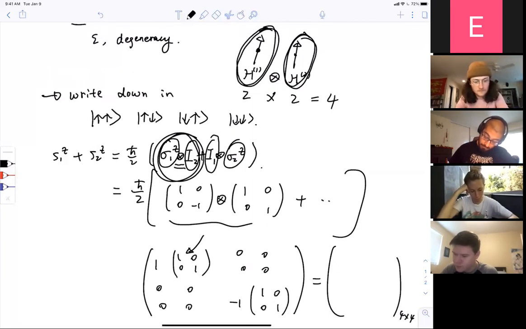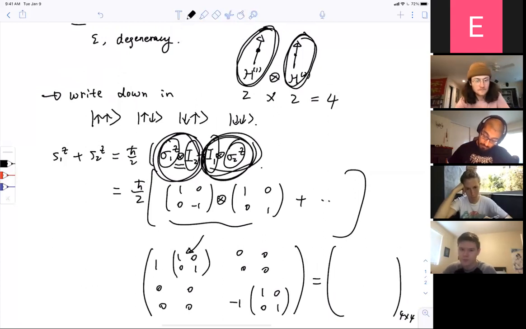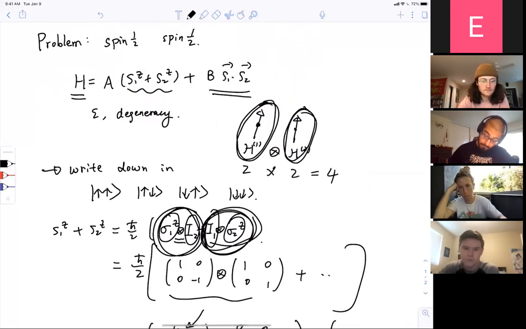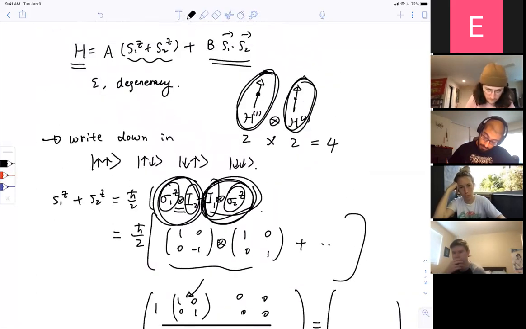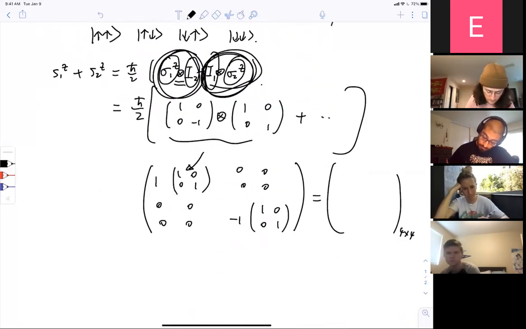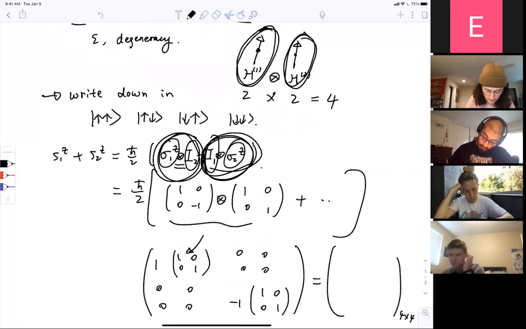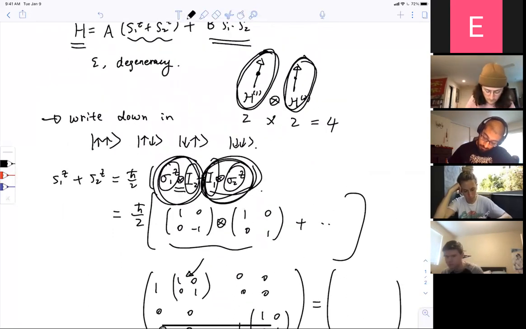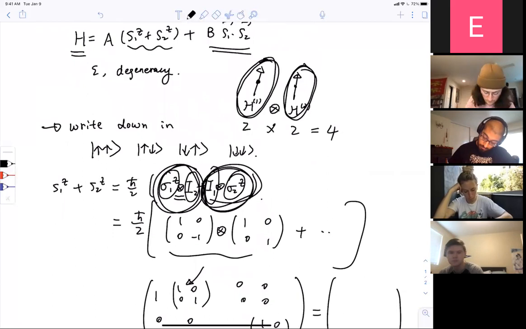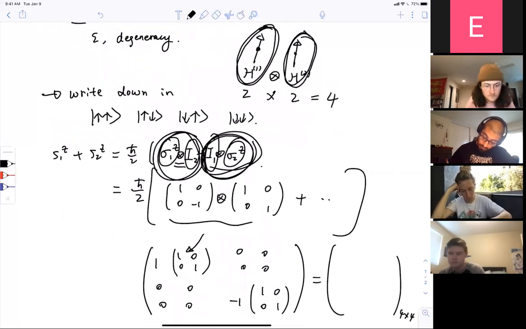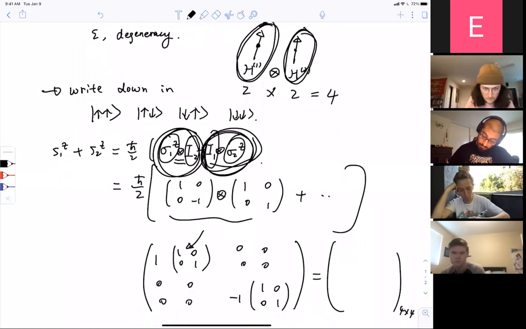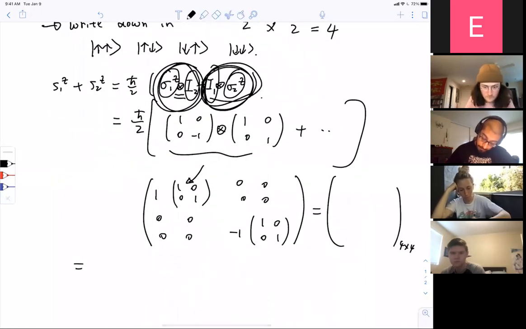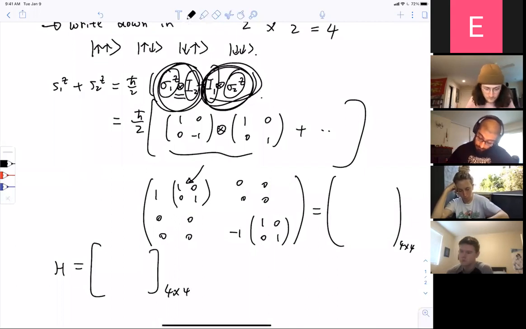You can do similar things for the second term and also this term. I won't do it for you because it's just some algebra. You can do it easily by yourself. But if you have difficulties, you can email me or come to my office hours. We can discuss. In this way, we can write down the Hamiltonian as a 4x4 matrix, and then we can solve it.